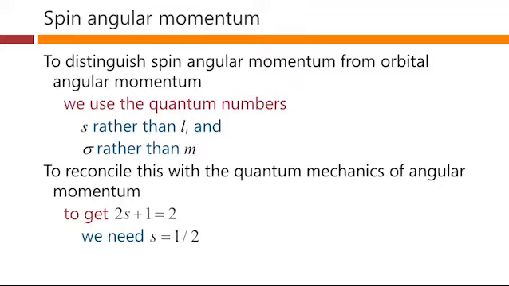And that's very different from what we did with L, because L could only take on integer values. But here, to get two possible levels in our Zeeman experiments or our Stern-Gerlach experiments, we would have to assign this s to be a half by analogy with what L is for orbital angular momentum.